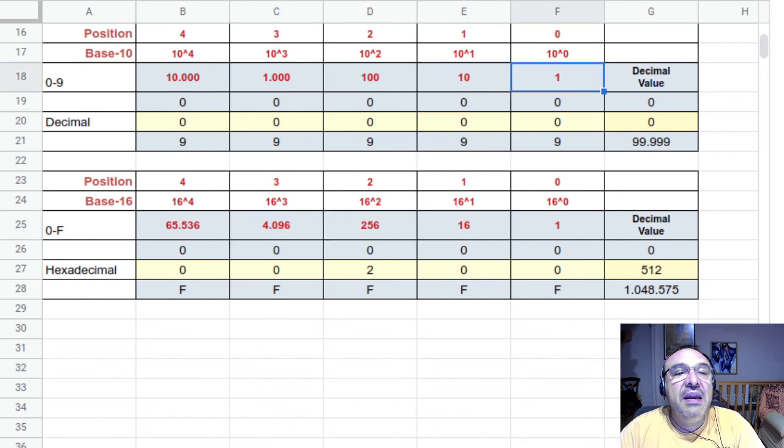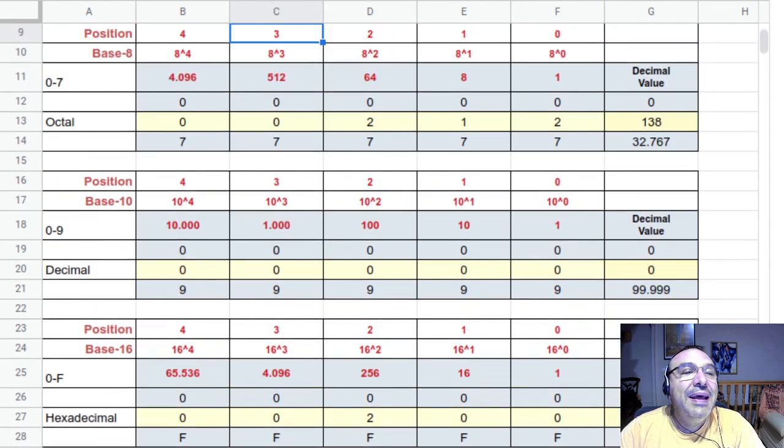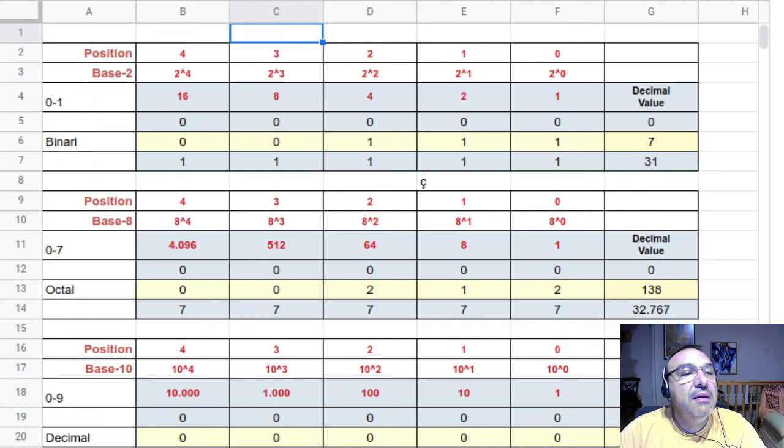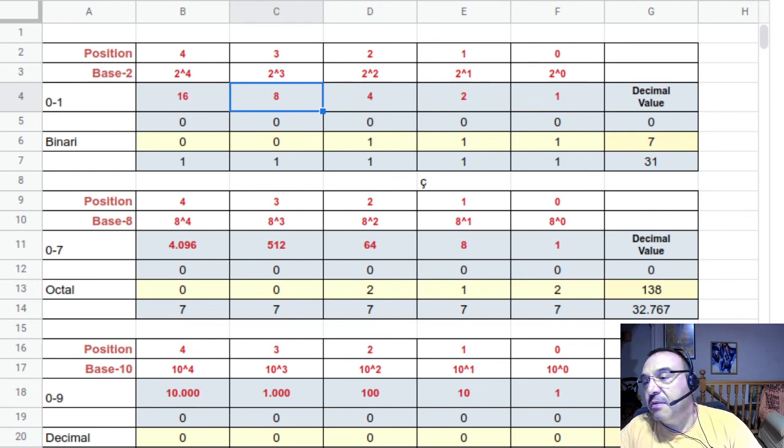In base 10 it's 1, 10, 100, 1000. In base 8 it's 1, 8, 64, 512. And in binary, base 2, it's 1, 2, 4, 8. So with a bit of practice it's not difficult to calculate the value of any number in any base.